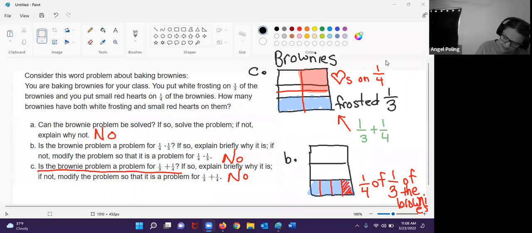And then for B, let's write ourselves a problem. B would look like, we have to modify this one. You're baking brownies for your class.